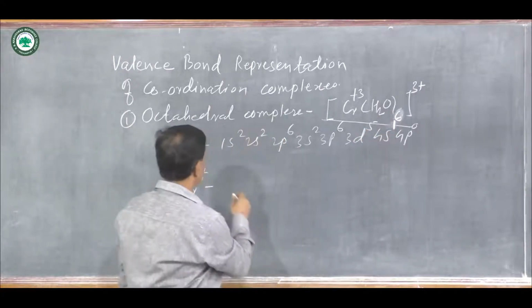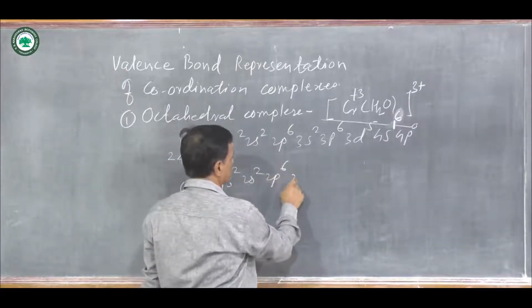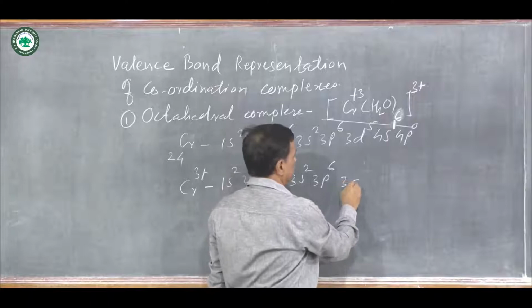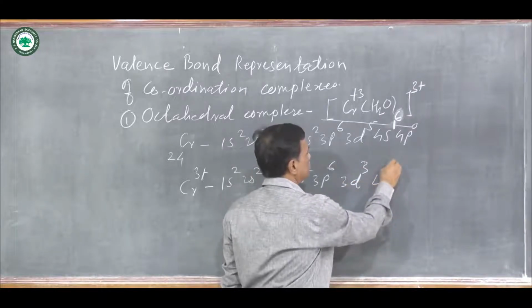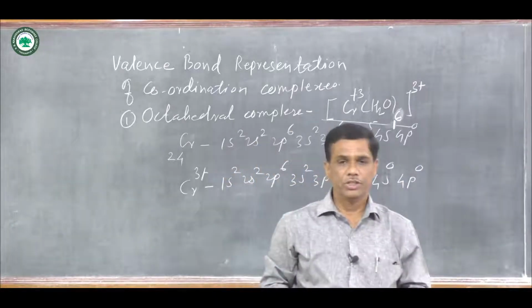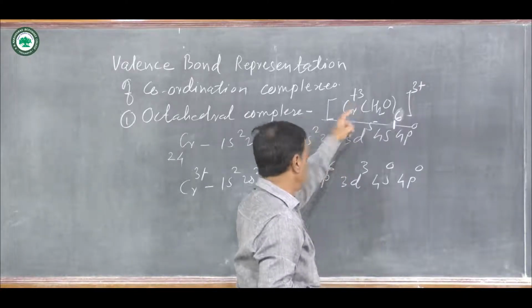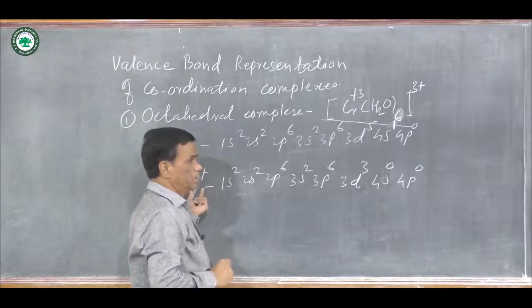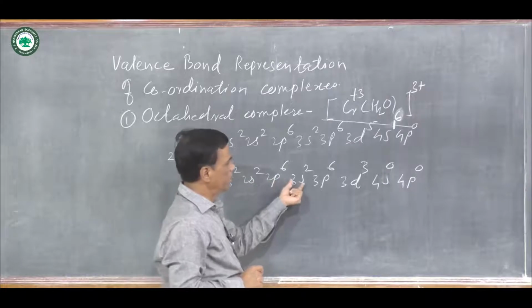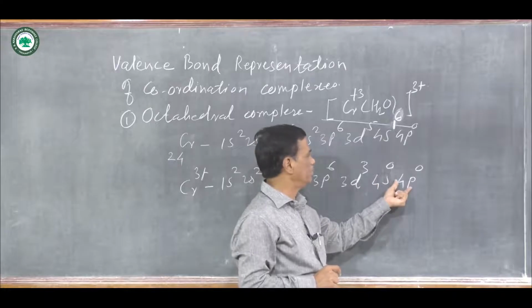The electronic configuration is 1s2, 2s2, 2p6, 3s2, 3p6, 3d3, 4s0 and 4p0.